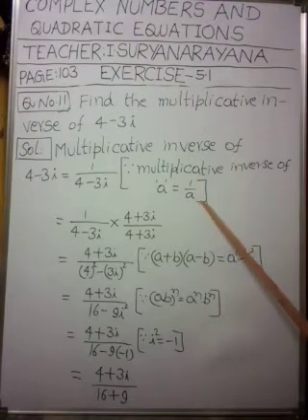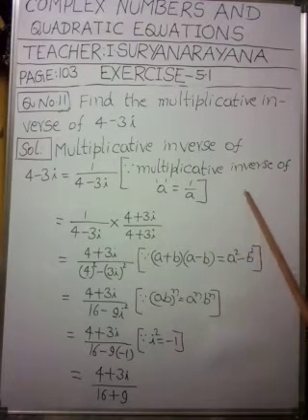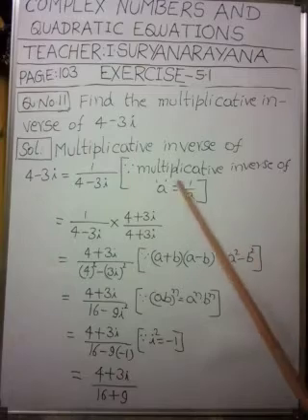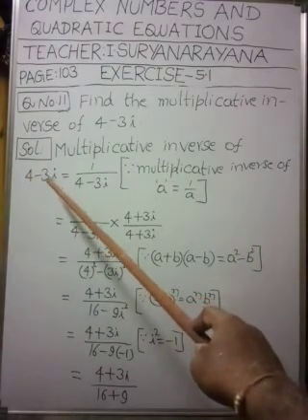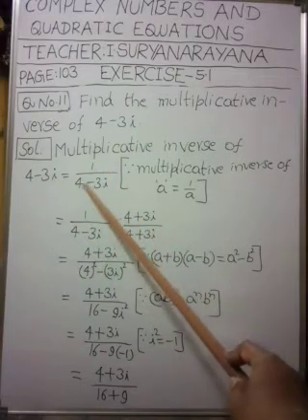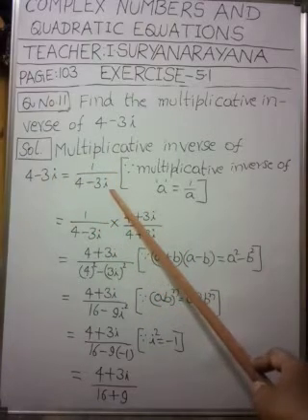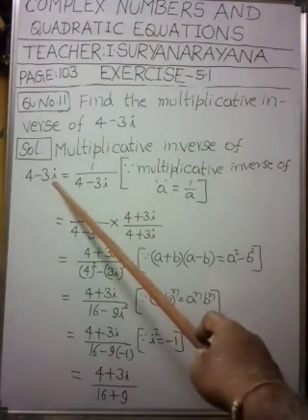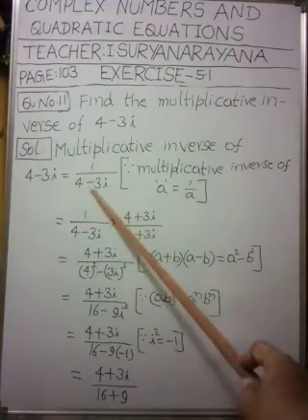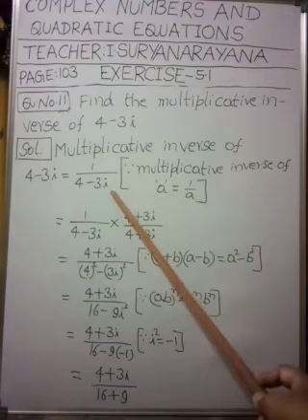Yes, 1 by a is said to be the multiplicative inverse of a. So here this is a given number 4 minus 3i, then its multiplicative inverse is 1 by 4 minus 3i. Understood this step, my children? That is why I wrote multiplicative inverse of 4 minus 3i is equal to 1 by 4 minus 3i. Understood this step, my children?